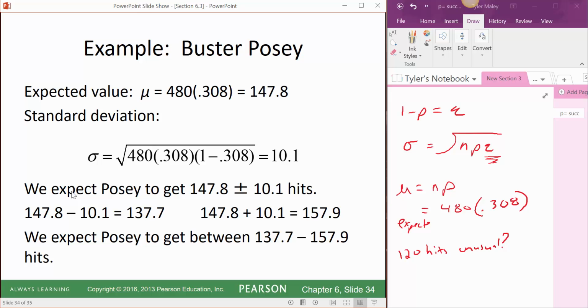So we expect Posey to get within one standard deviation of the mean. That's 68%, using the empirical rule, 68% of our data would be in between that. So if we take one standard deviation away and add one standard deviation, we get a range between 137 to 157.9 hits.